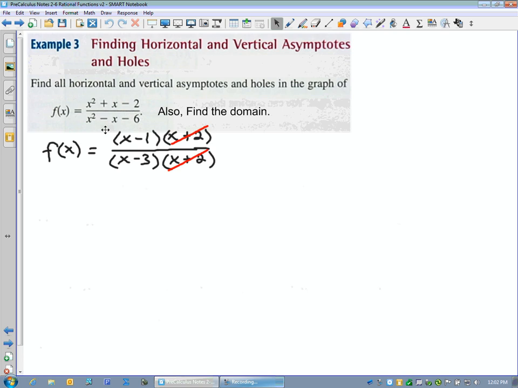Because if x was -2, then we would have division by 0 on the bottom, even though we were able to cancel out later, we still have this as being our original function. And when that happens, we have what's called a hole. So there will be a hole at x equals -2.